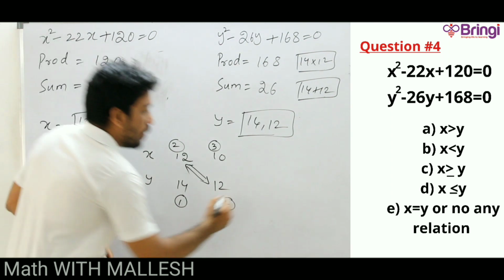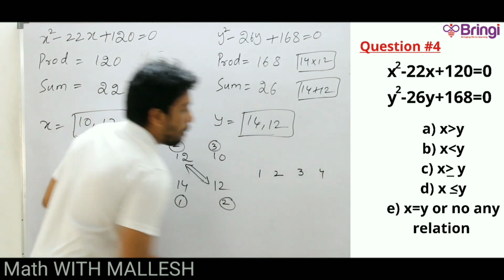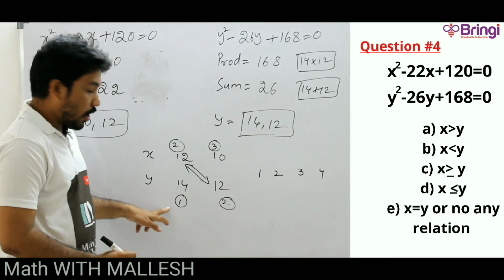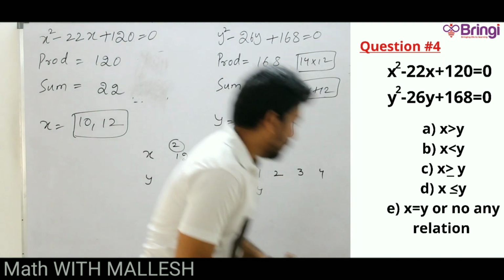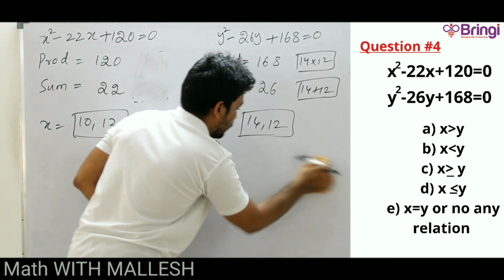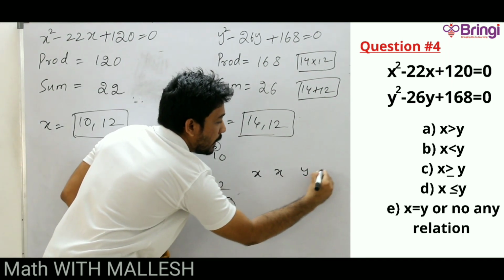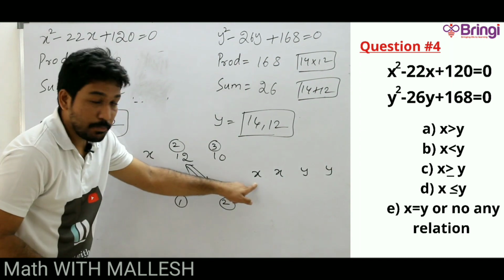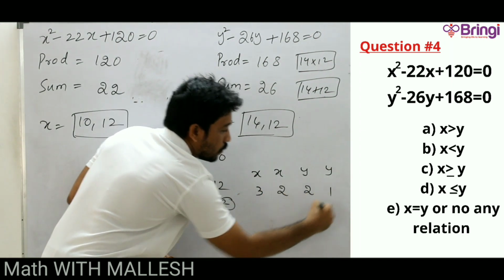Ranking 1, 2, 3, 4. Correct or not? 1 is occupied by the Y, or else X, X, Y, Y. What is X's position? 3, 2, again 2, 1.